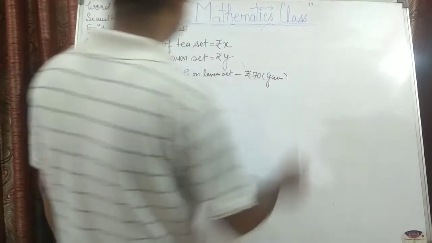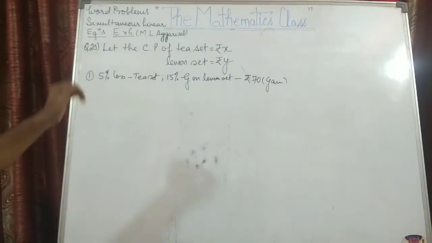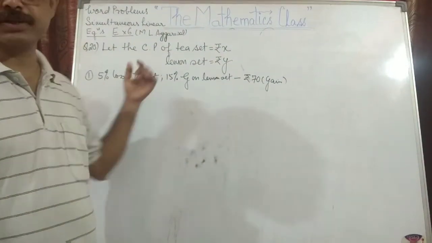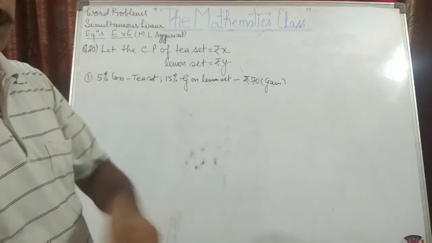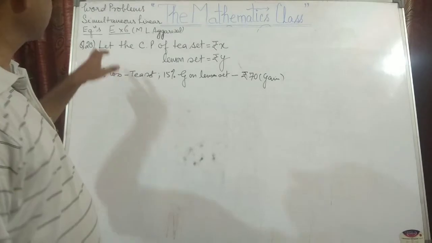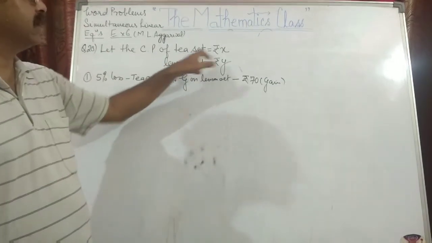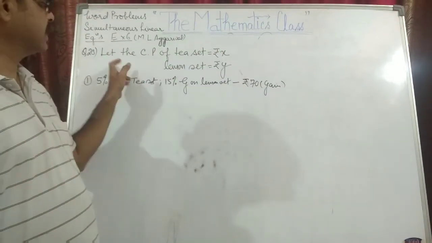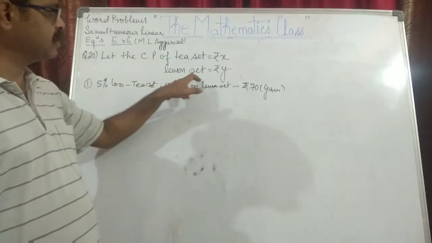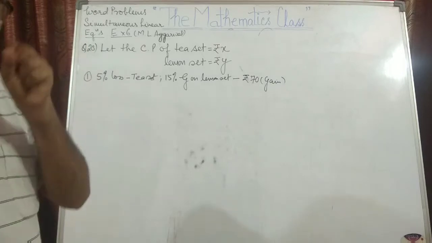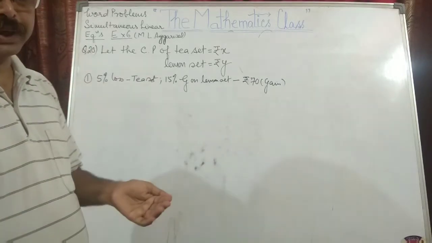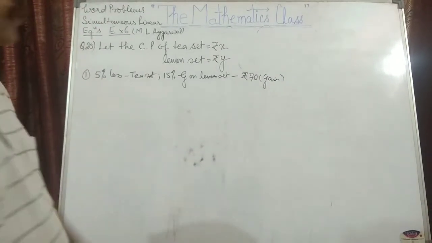So first of all, we know that loss percent and profit percent are always calculated on cost price. That is why we assume the cost price of the tea set is rupees x and the cost price of the lemon set is rupees y. Now if you know the cost price, you can calculate the selling price. By which formula?